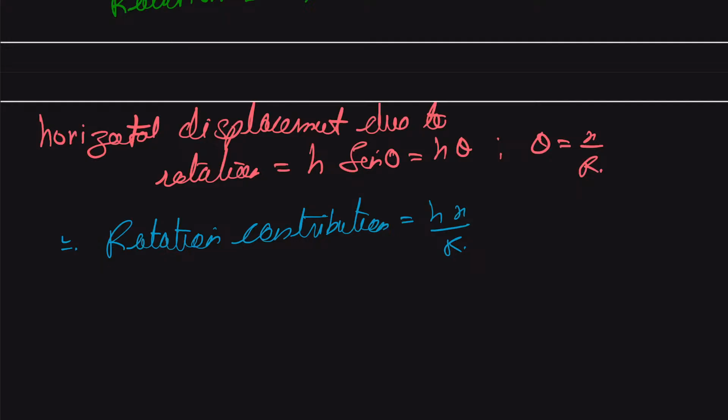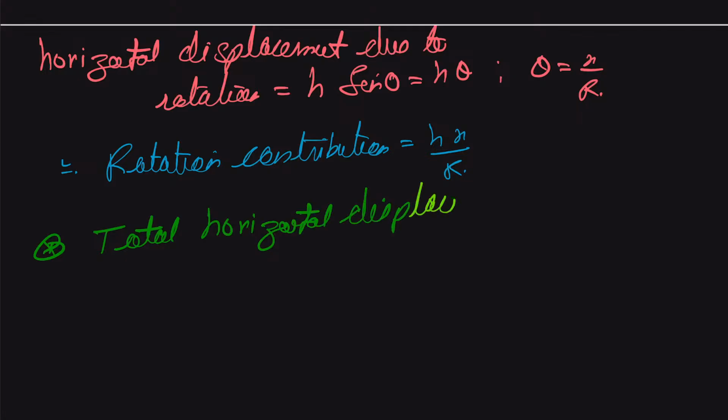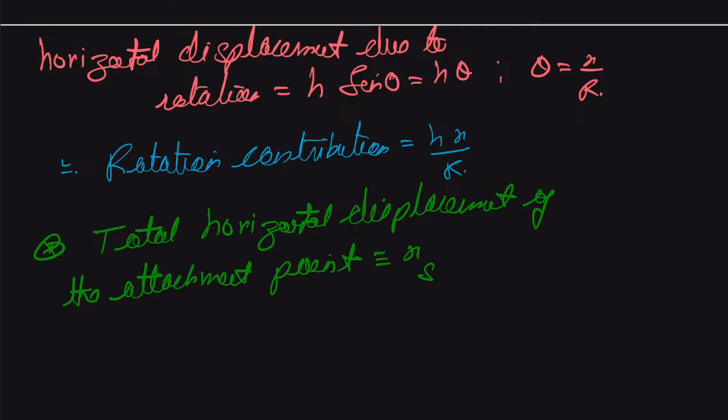Therefore, we can say that the total horizontal displacement of the attachment point of the spring, let us call this x spring, will be equal to x plus hx upon r.